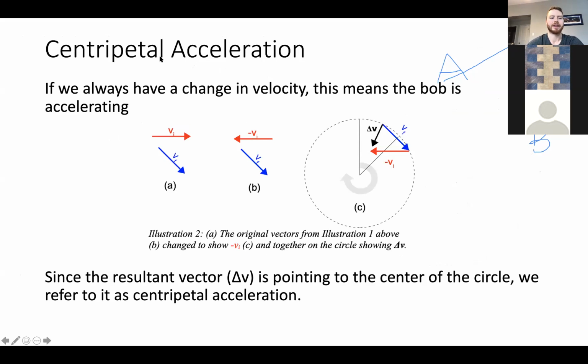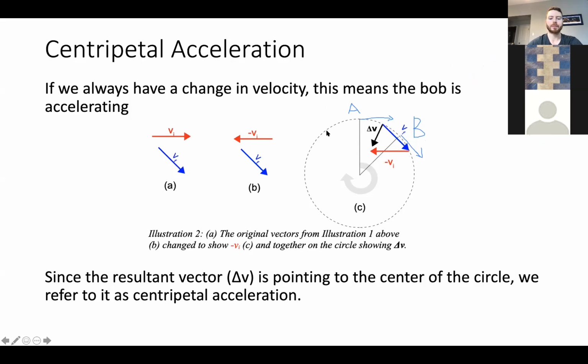If we are looking for the change in velocity between these two vector arrows, remember at point A, the instantaneous velocity was going something like this. And then here we're at point B, where the instantaneous velocity was something like this.